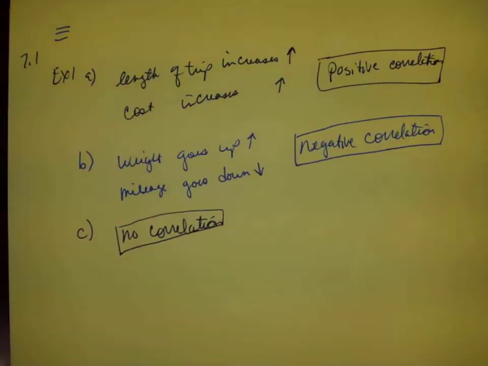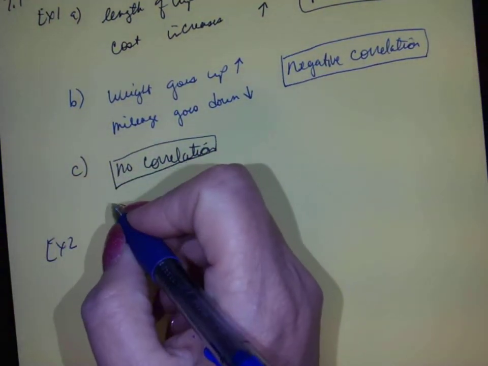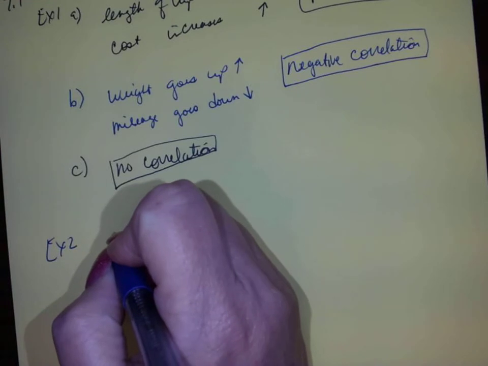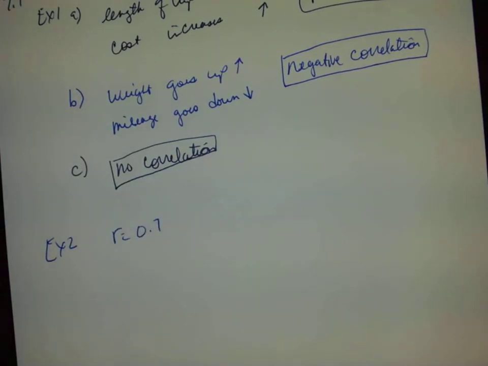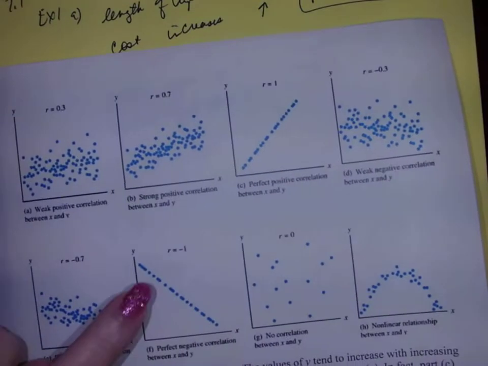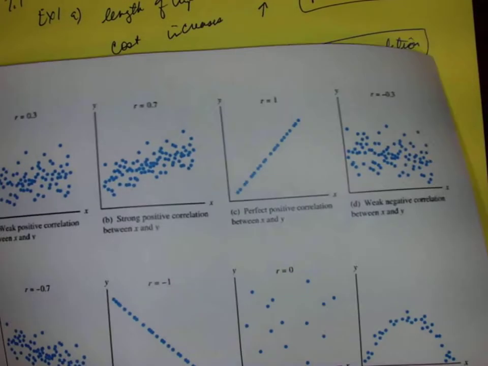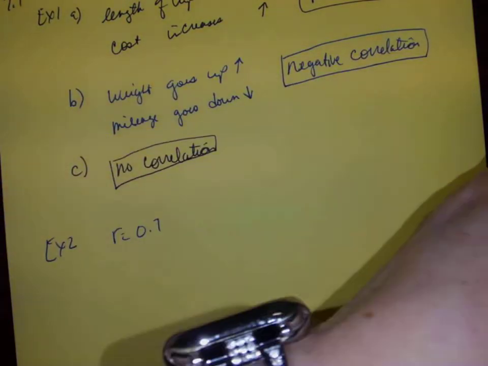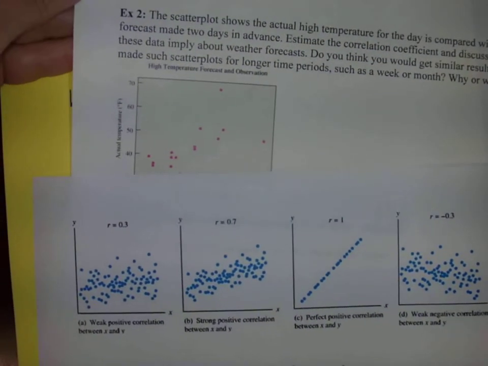So we're going to estimate that coefficient as R equals 0.7, off of the one that had a strong correlation. We think it's a strong positive. It's very similar to this graph. So it's a strong positive.